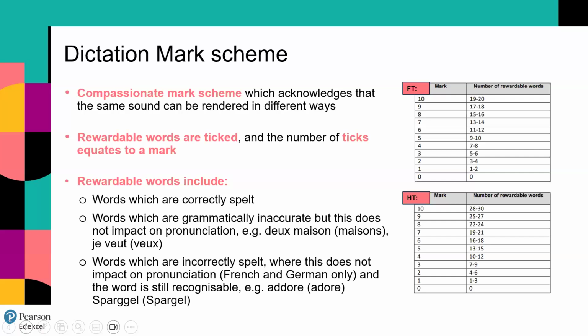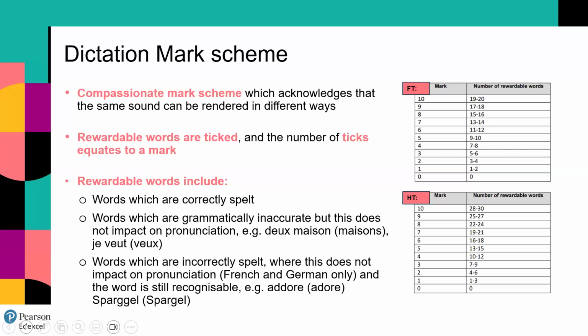For example, if I write de maison without the S, I still say maison, but obviously my S is missing. The S here is a grammar mistake. So there's no impact on pronunciation, and I can still recognize it. It's a grammar mistake, so I'm going to reward that word.